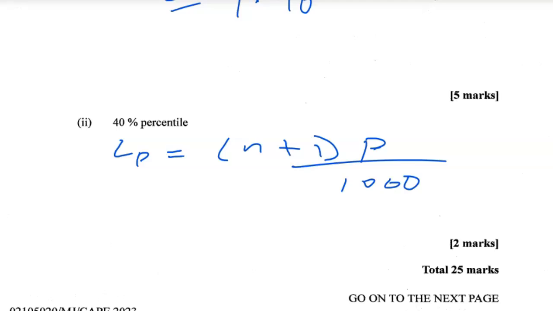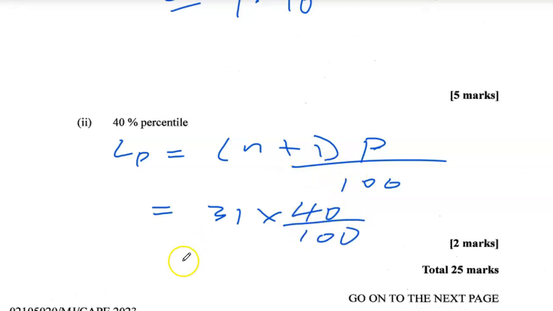So remember there were 30 values in the data set, so n plus 1, that's 30 plus 1, that's 31. And the percentile, that's 40, so 40 over 100. So 40% of 31, that's 12.4.